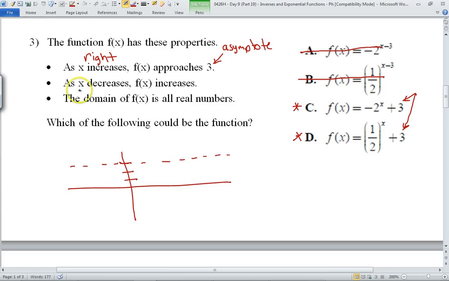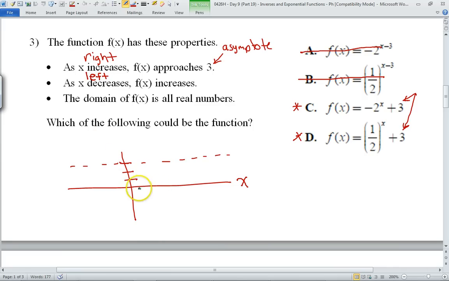Now, it says x decreases. As we go to the right, it approaches 3. As x decreases, f of x increases. So look, this is the x-axis. When they talk about x increasing, they're talking about moving to the right. This would be x increasing. When they talk about x decreasing, they're talking about moving to the left.